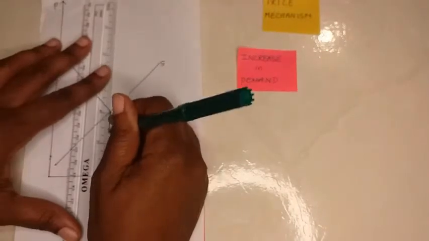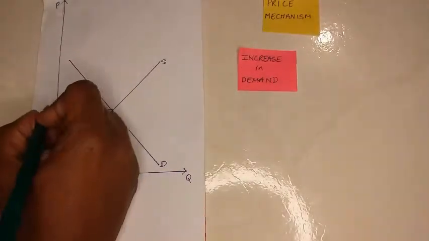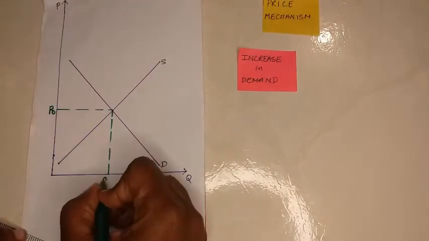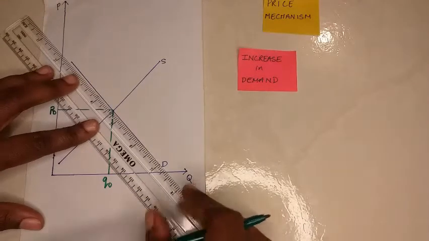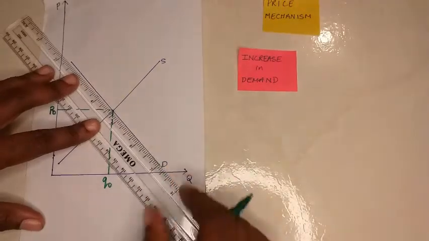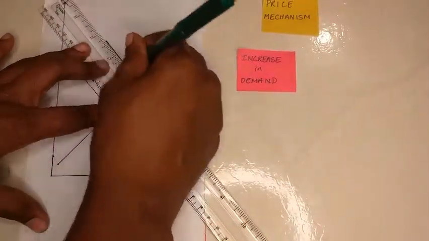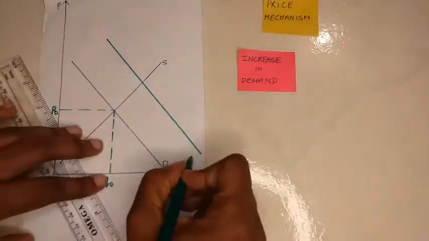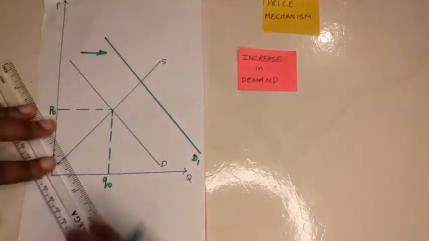So let's start off with our equilibrium, quantity and price at P0, Q0. And let's assume that our demand curve shifts from D to D1. So we have an increase in demand.